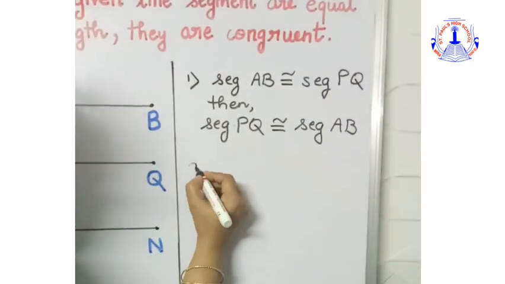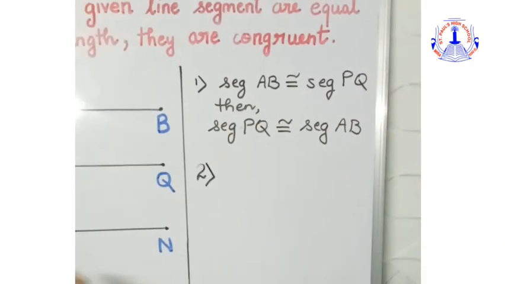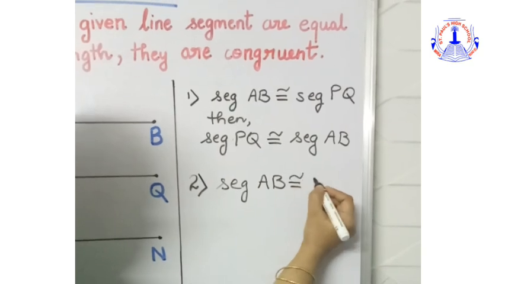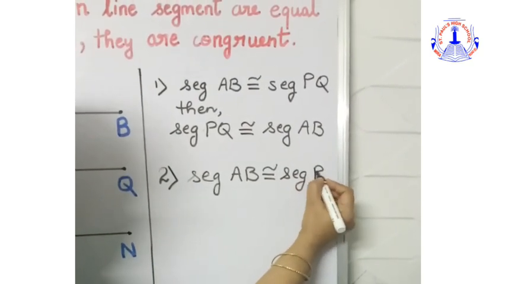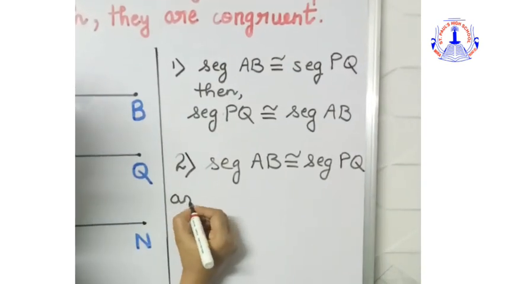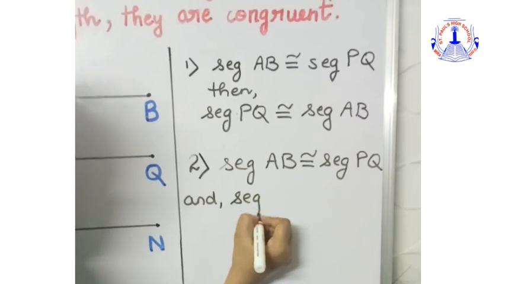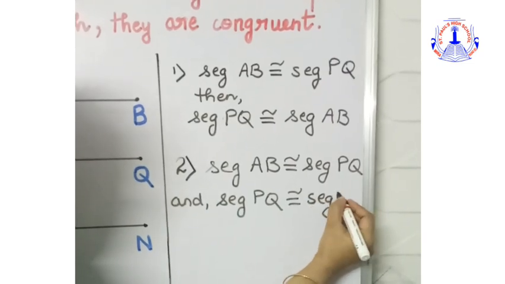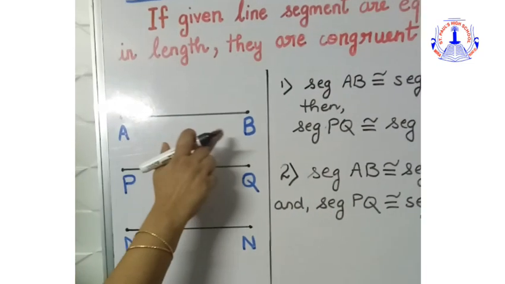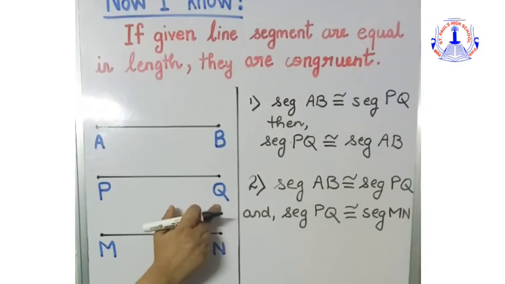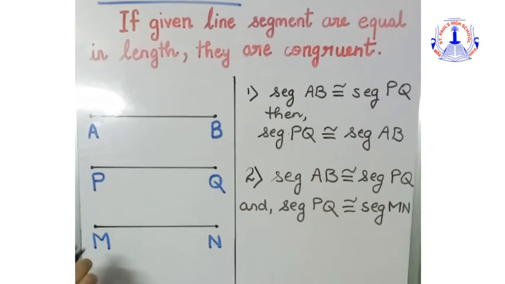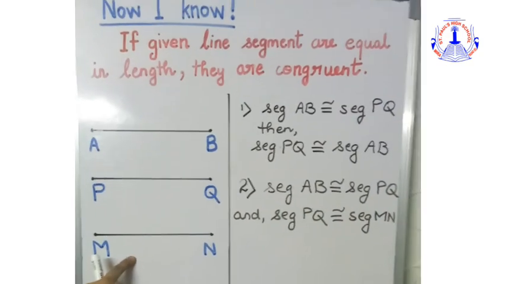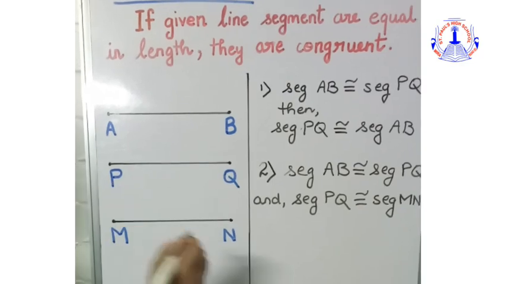Now the second point, if segment AB is congruent to segment PQ and segment PQ is congruent to segment MN, that is the first segment AB is congruent to second segment PQ, and if second segment PQ is congruent to the third segment MN, so indirectly the first segment will be congruent to the third segment because both the segments are congruent to PQ.